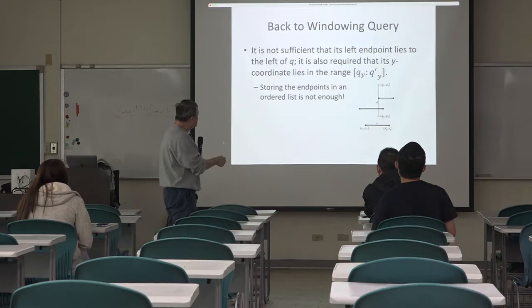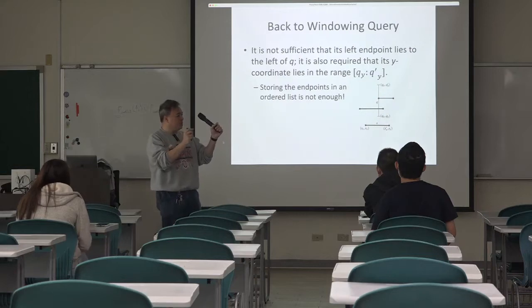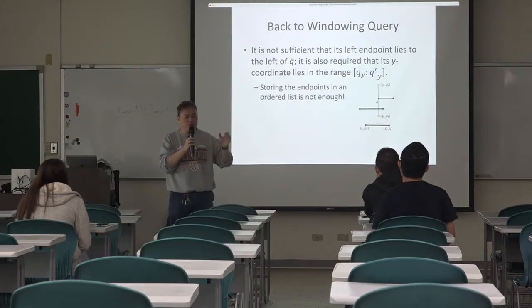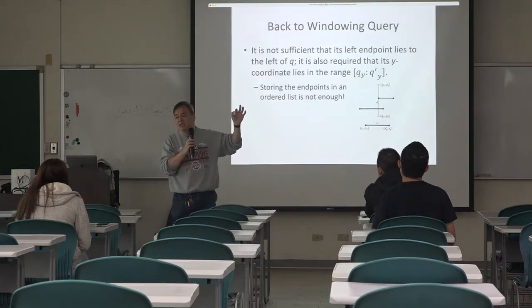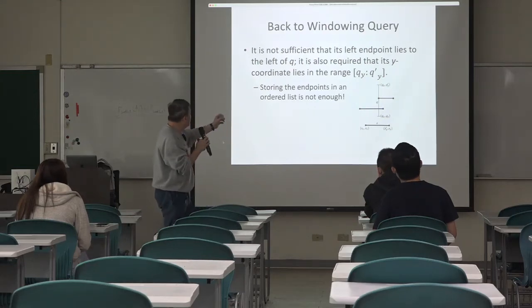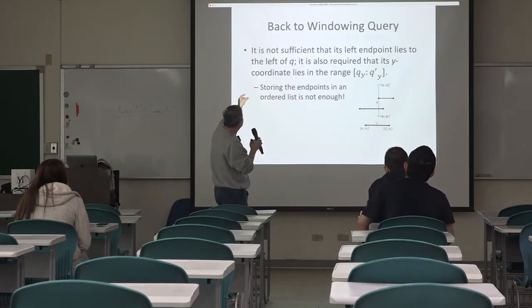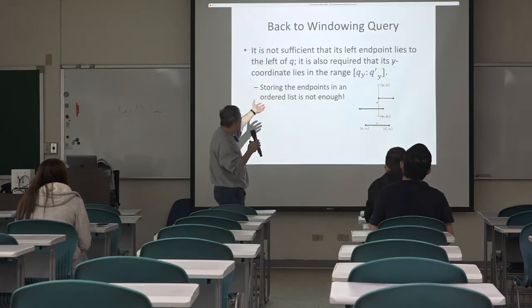It's not sufficient that its left endpoint lies to the left of Q. If its left endpoint lies to the left of Q, then in the one-dimensional simplified case we just report that interval, right?